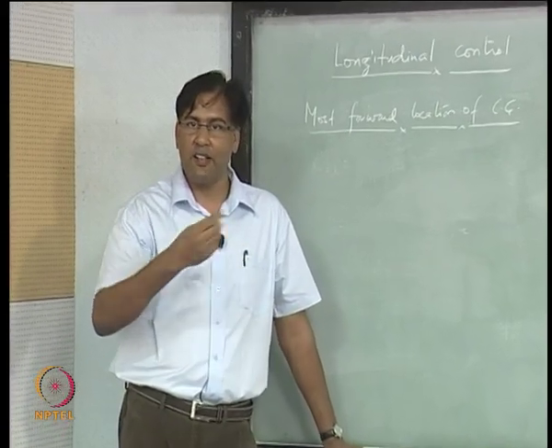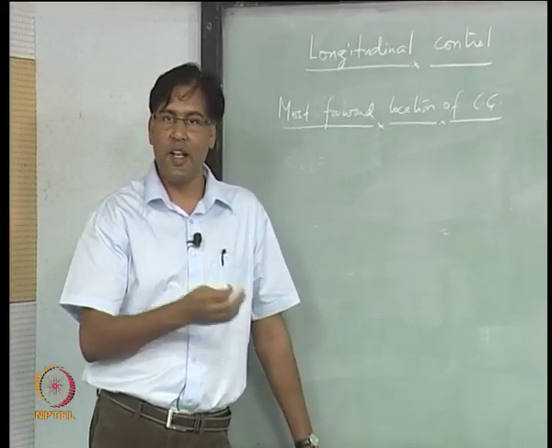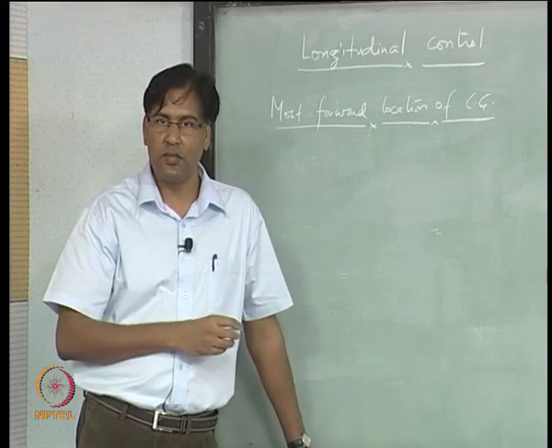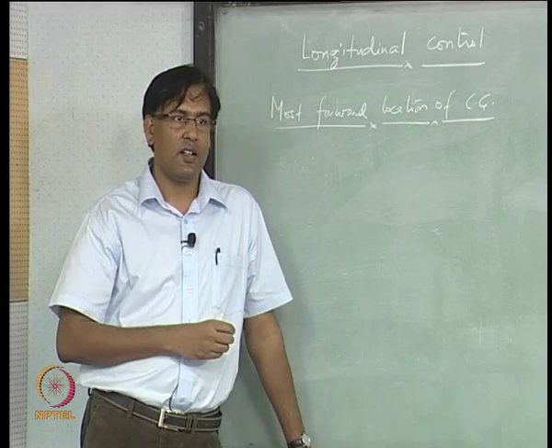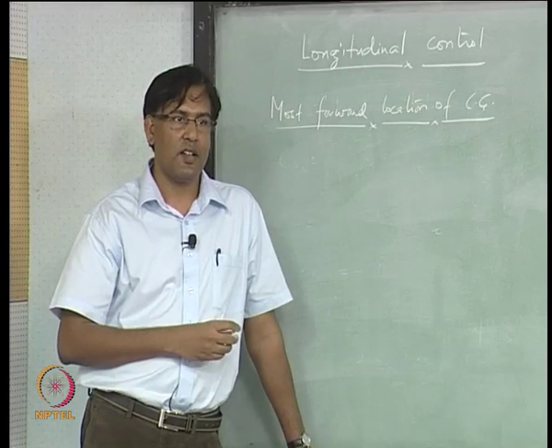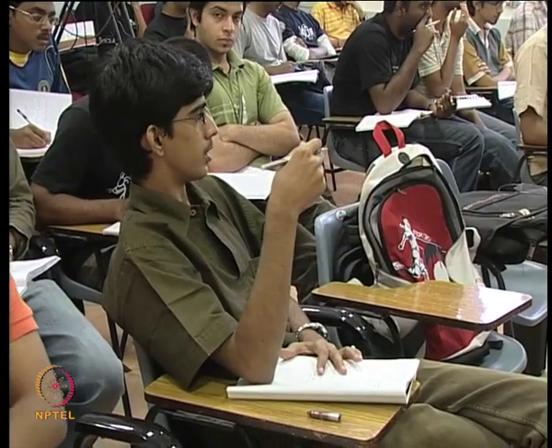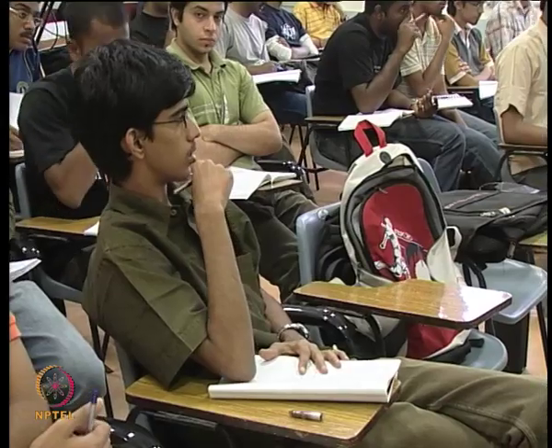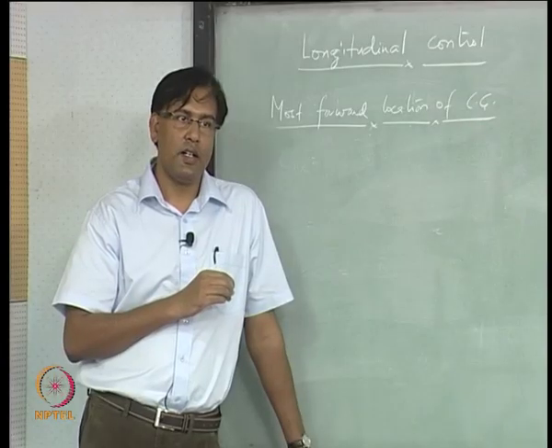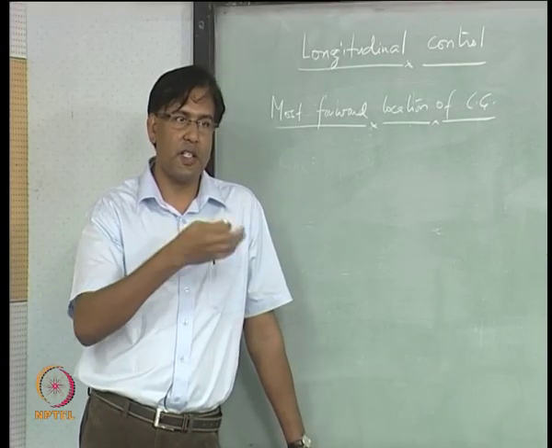That's the only way I can maintain CM CG equal to 0. How far ahead? We should balance the moment from the wing to the moment from the tail. That is for maintaining the trim, CM CG equal to 0.